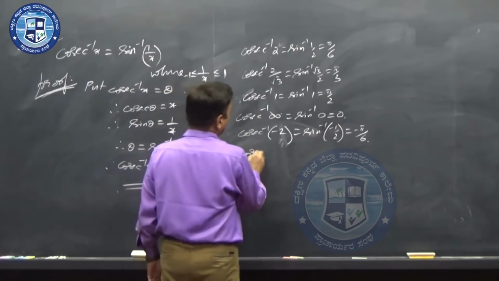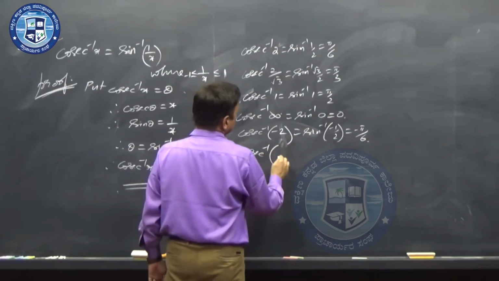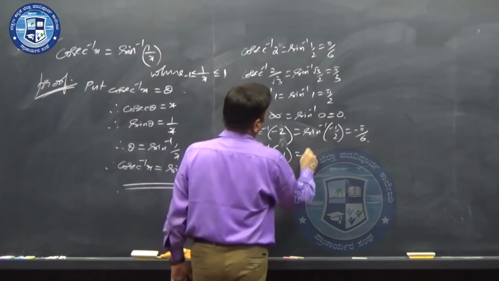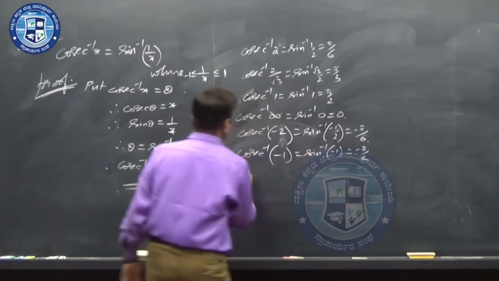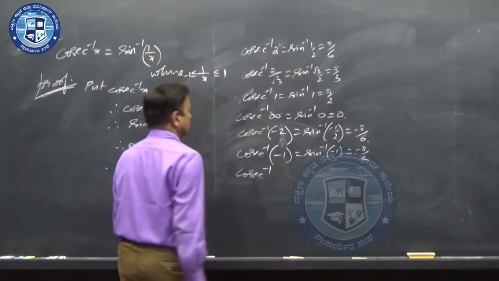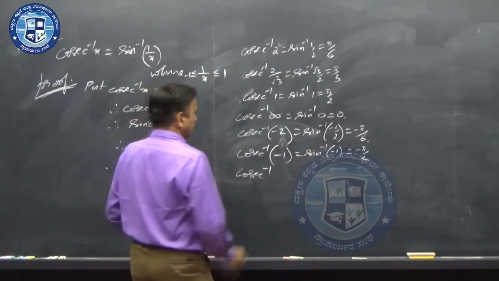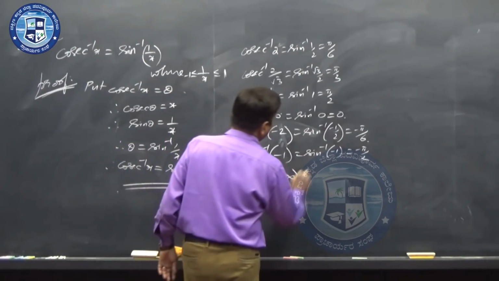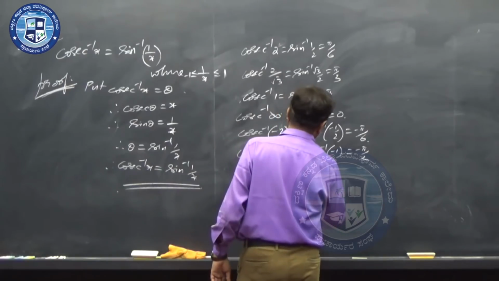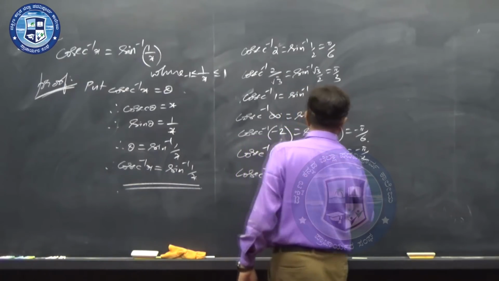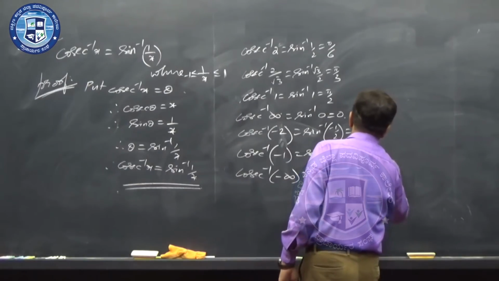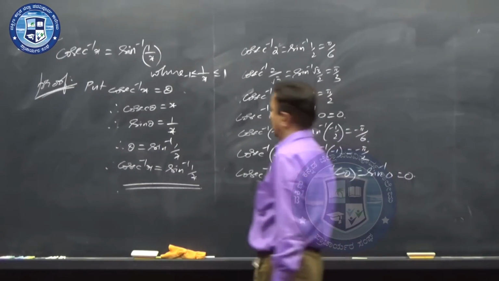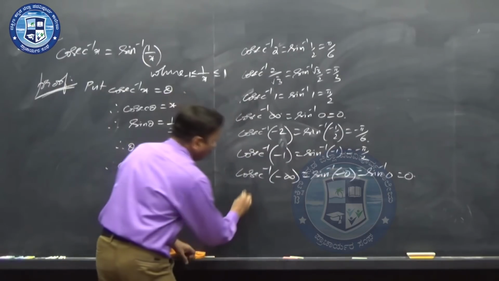Okay, next cosec inverse minus 1, that's equal to sine inverse minus 1, that's equal to minus pi by 2. Next cosec inverse minus infinity, that's equal to sine inverse minus 0. There is nothing called minus 0. That's equal to sine inverse of 0, that's equal to 0.